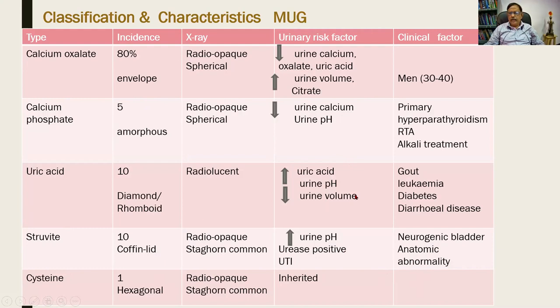Uric acid stones, for example, are seen in conditions where there is an increased amount of turnover, leukemia, etc. Gout is a condition that is associated with uric acid, and then there can be uric acid stones. And whenever there is stagnation in the neurogenic bladder, you can get a staghorn calculus, which is quite common. I would like you people to kindly learn this tabular column by heart, which is most important.